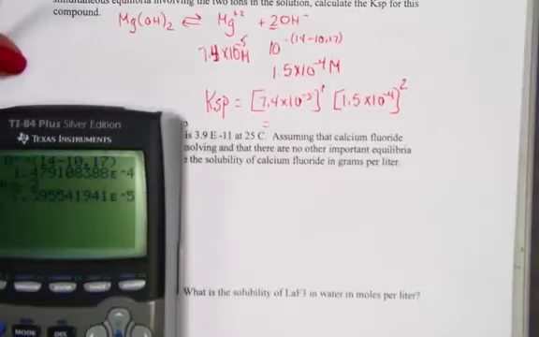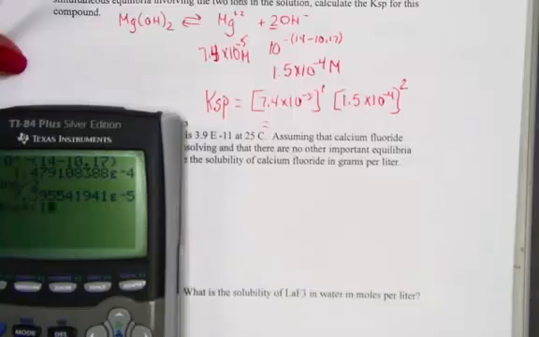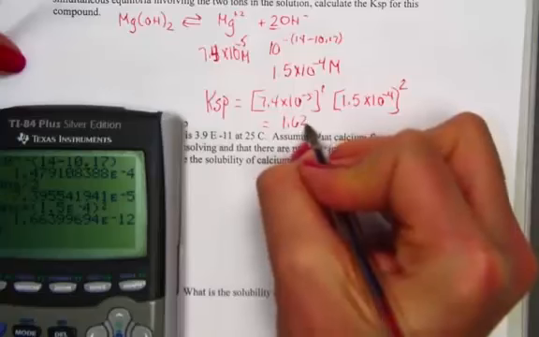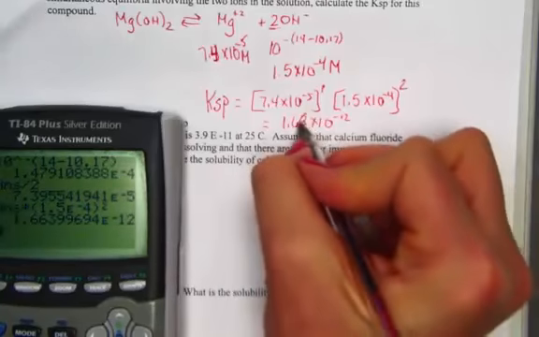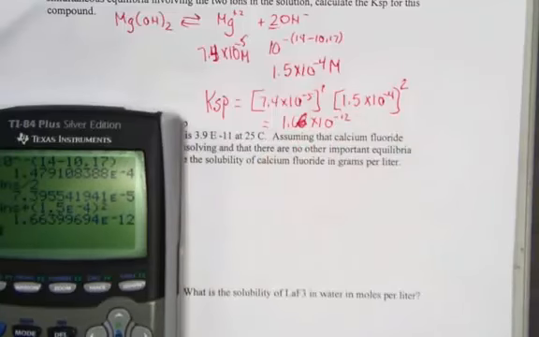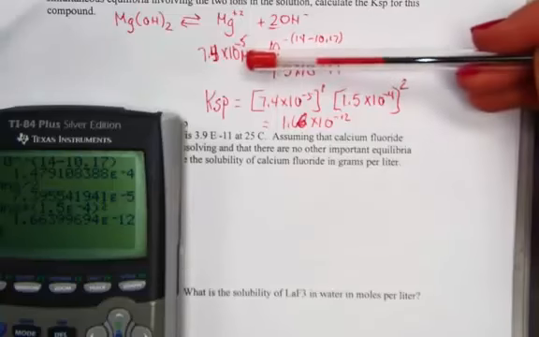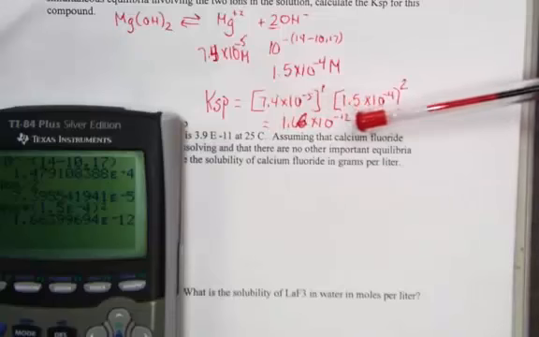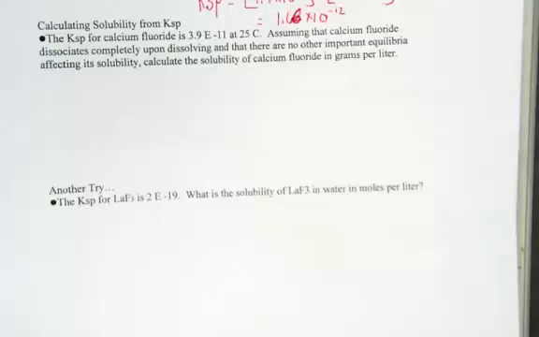KSP, let's see, I have 7.39, so I'll just go times 1.5 E negative 4 squared, and our KSP constant comes out to be 1.62 times 10 to the negative 12th. 1.66 if I carried those decimals. There's a repair. So with this practice, we used the pH, found hydroxide. From that, we cut it in half to find magnesium and just plugged it into the expression where the coefficients became the exponents on the concentrations.